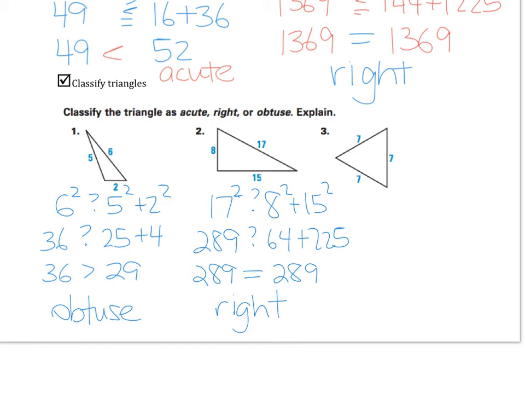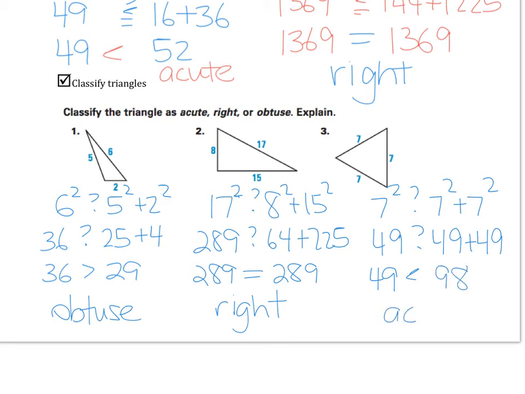In this example, number 3, it doesn't matter. They're all the same length, so they're all the longest length. It won't matter. And since it's equilateral, you know it's equal angular. Equal angular is all 60 degrees, so you should definitely get acute for that.